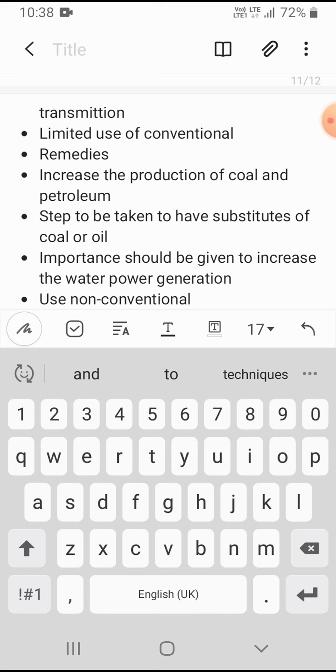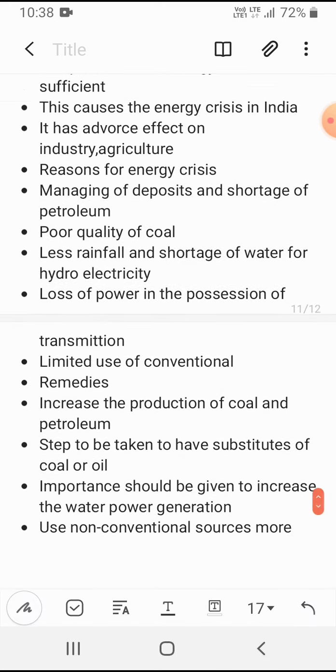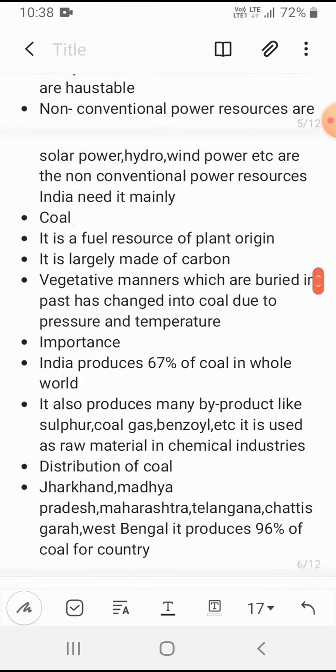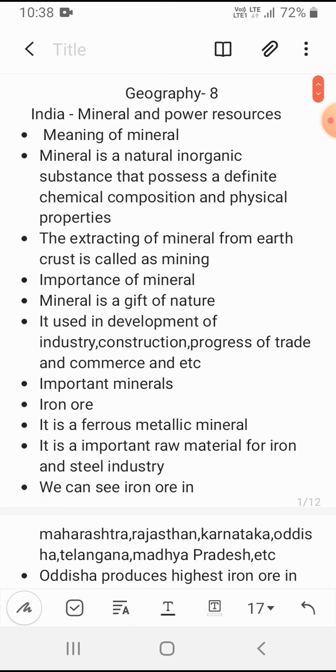So these are the remedies that we can take to decrease the energy crisis. So here your chapter ends.